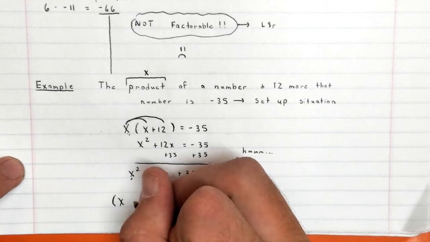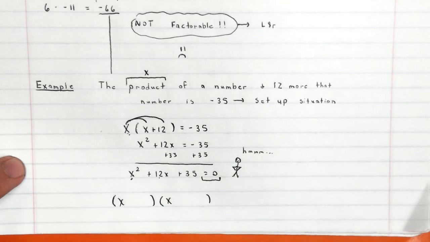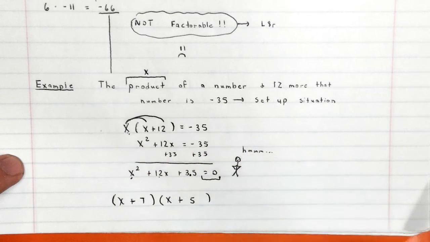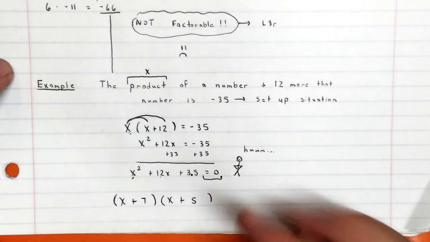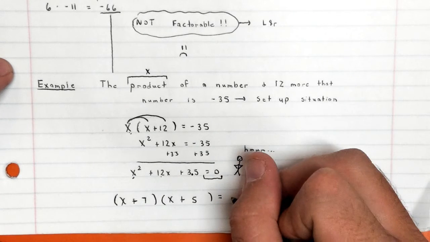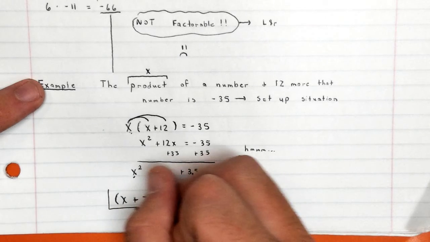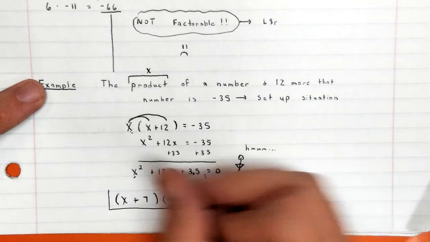What about 7 and 5? 7 times 5 is 35. Yet 7 plus 5 is 12. That one will totally work. So I have x plus 7 and x plus 5 is equal to 0. And those are my two factors.